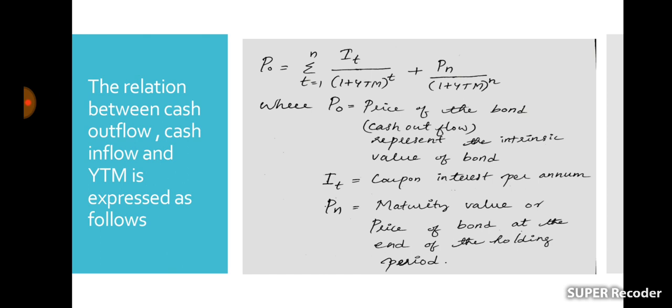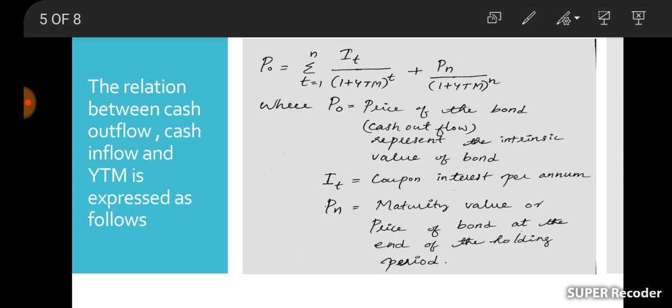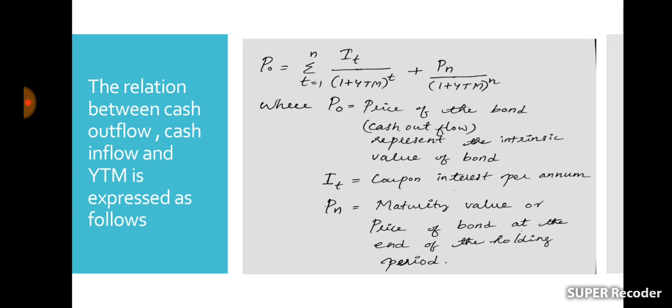Here by using YTM, we are establishing the relationship between the present value of all cash inflows and the cash outflow. In the case of an investment, cash outflow means the amount spent by the investor, that is the amount used to purchase that investment. Inflows means the returns from that investment. Here the investment is a bond and we will get fixed interest from that bond till maturity, and at the end of the maturity period, we will get an amount by selling or redeeming that bond.